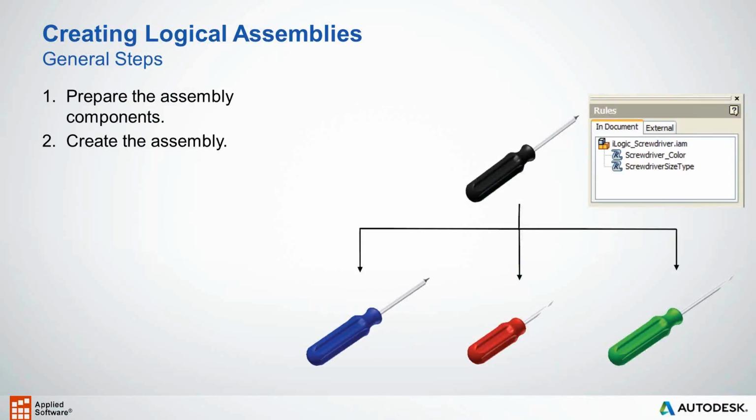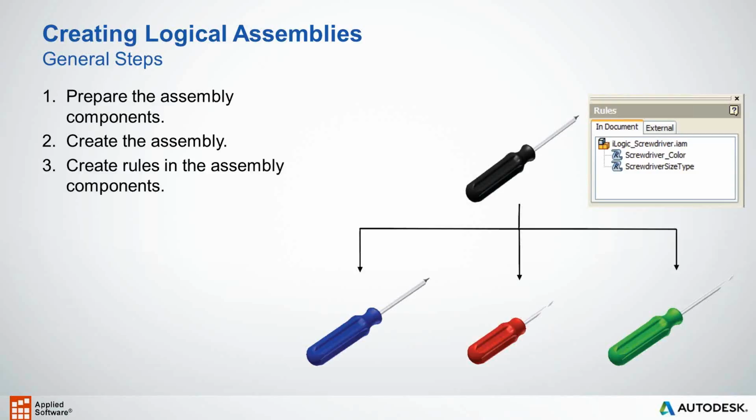Then, of course, the creation of the assembly, making sure that everything is placed and fully constrained. If we need to rename any constraints in the model browser, we need to make sure that's taken care of, and also the naming of any iParts that are going to be used in our top level assembly. Those need to be taken care of as well.